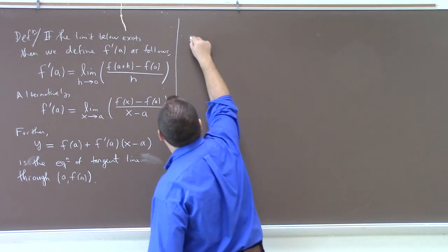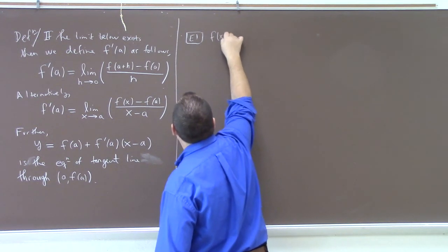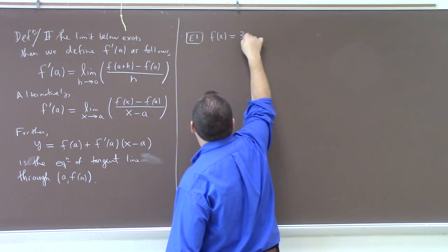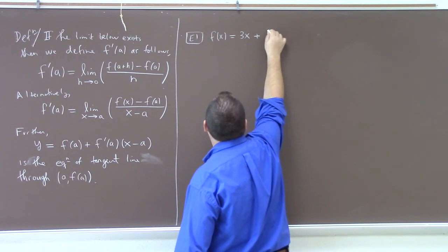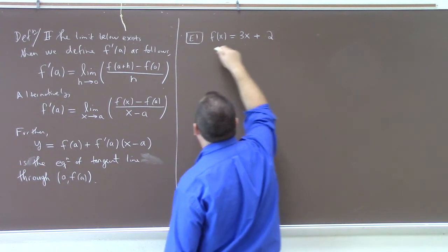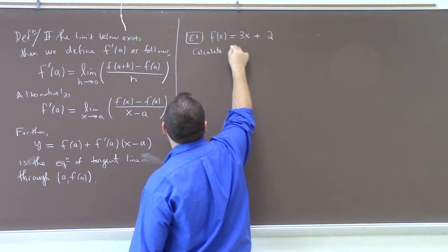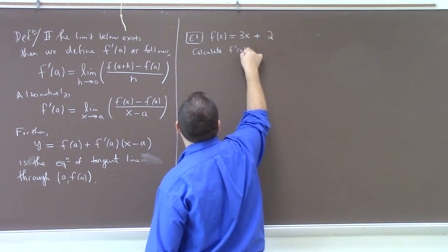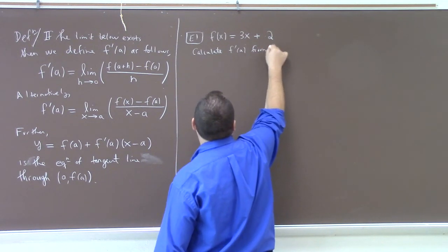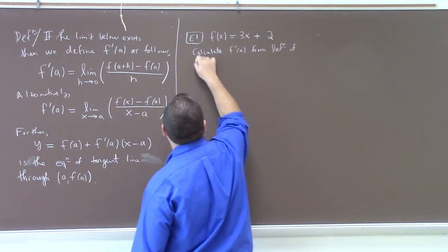How about f of x equal to 3x plus 2, right? And we want to calculate f prime of a from the definition of derivative.